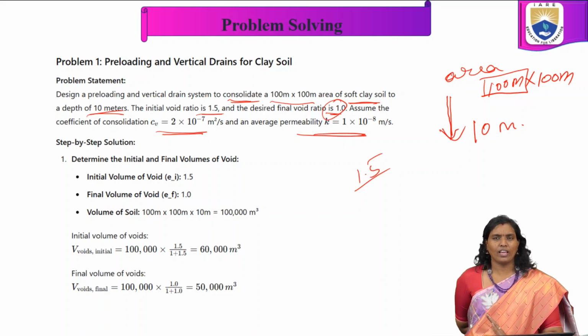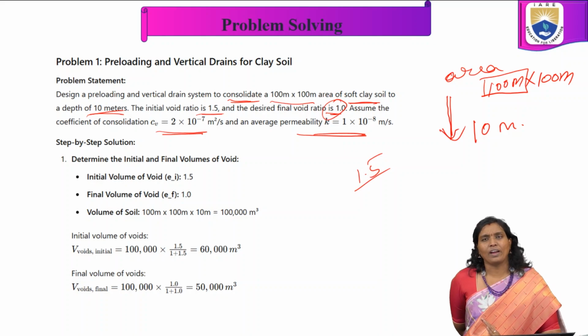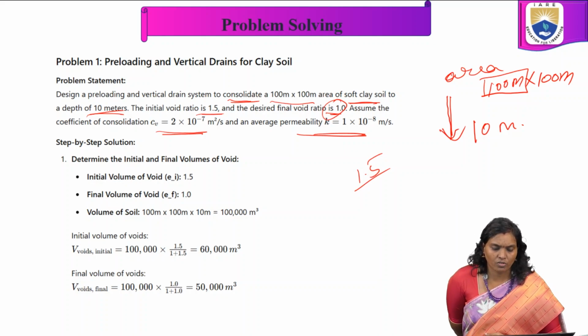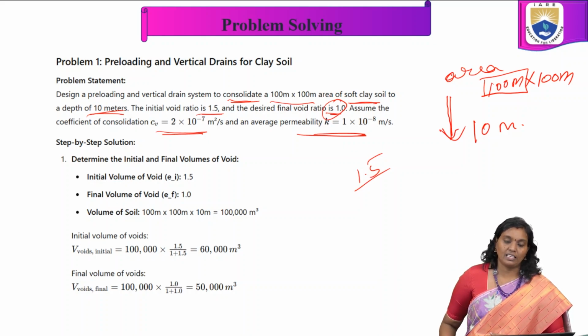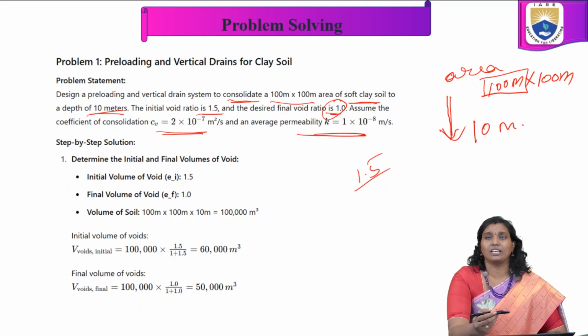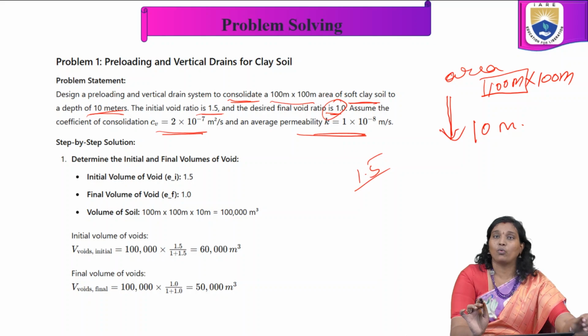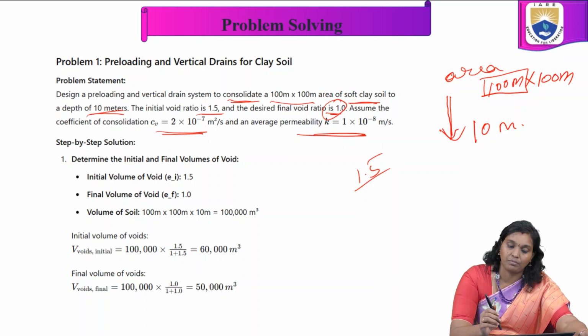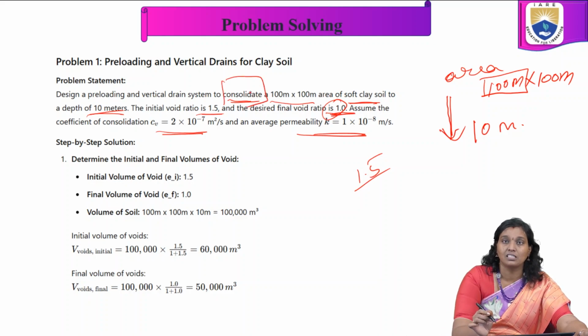So what are the steps involved for getting the desired void ratio of 1.0? The technique we choose is preloading and vertical drains for consolidation. Then only will we get the void ratio.